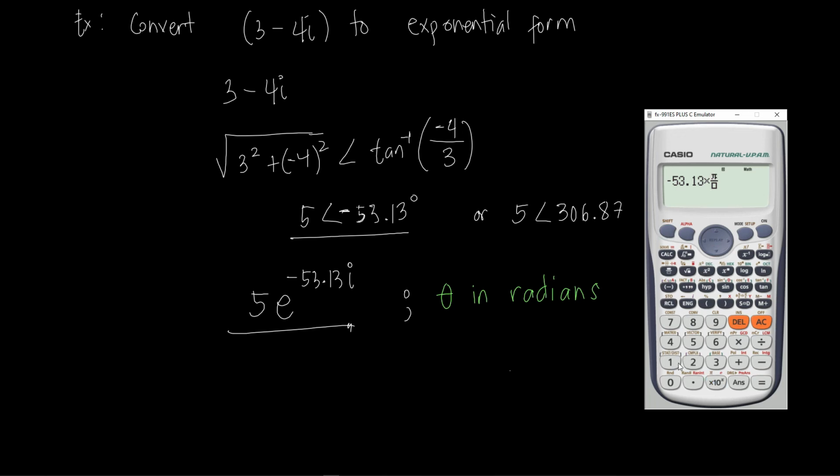Recall from trigonometry, pi over 180. So we have 5 e raised to the power of negative 0.927i.